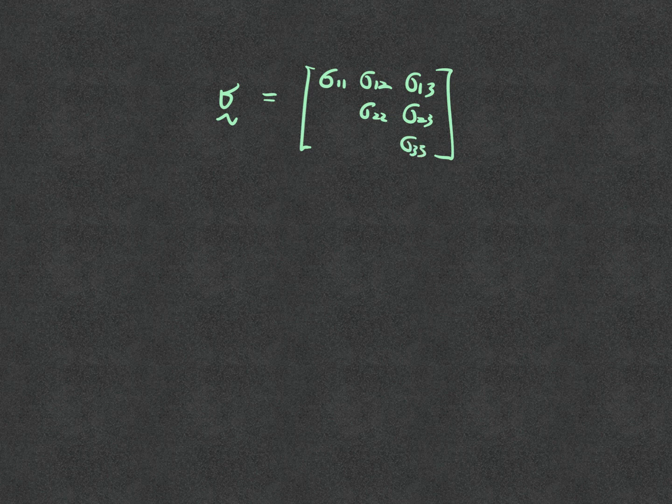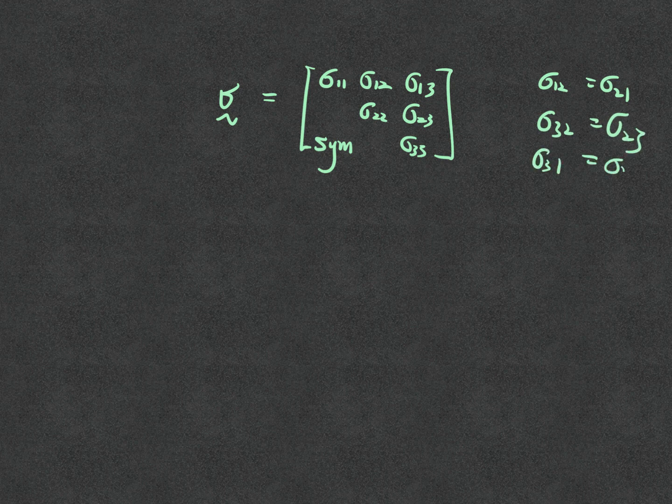That's it. Why don't I write the other half? It's because Cauchy stress is a symmetric tensor. So I just write SYM here to represent that sigma 1 2 equals sigma 2 1, sigma 3 2 equals sigma 2 3, and sigma 3 1 equals sigma 1 3.